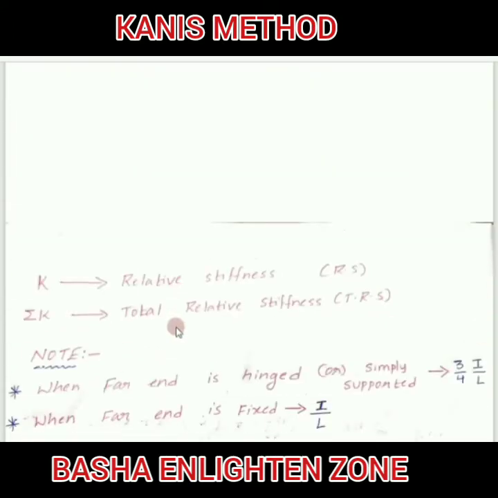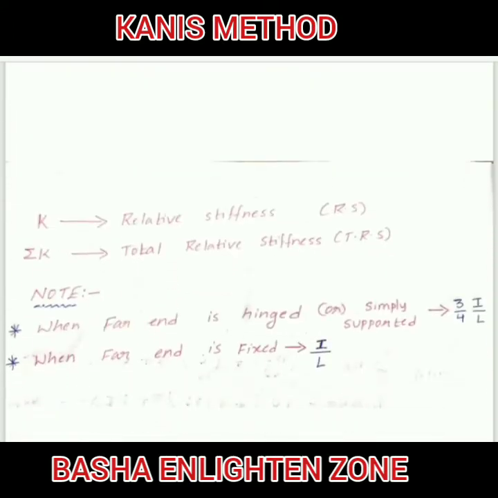Before going further, I already told you about relative stiffness, which is denoted by K. There are two note points for finding the relative stiffness. When the far end is hinged or simply supported, for example, assume a beam where end A is fixed and end B is simply supported.